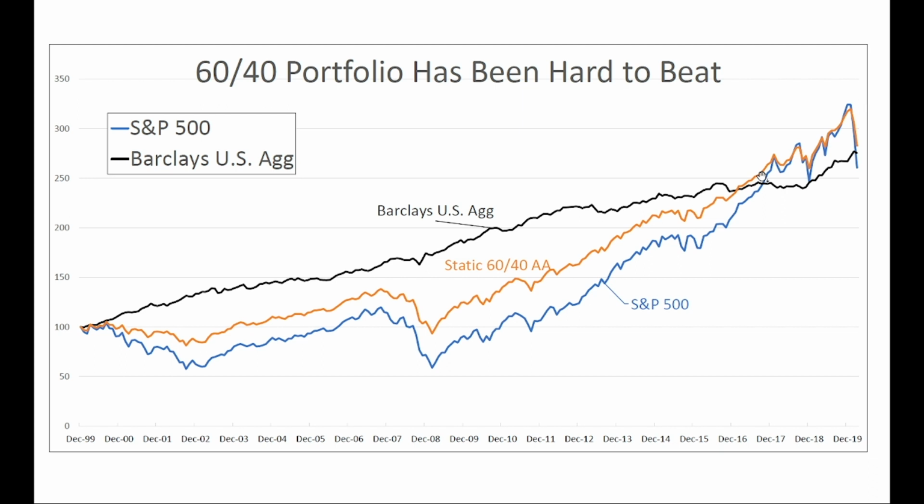Now, what you notice immediately from this chart is for most of the last 20 years, the brown line is on top of the blue. Now, just stop and think about that. Let that one sink in.